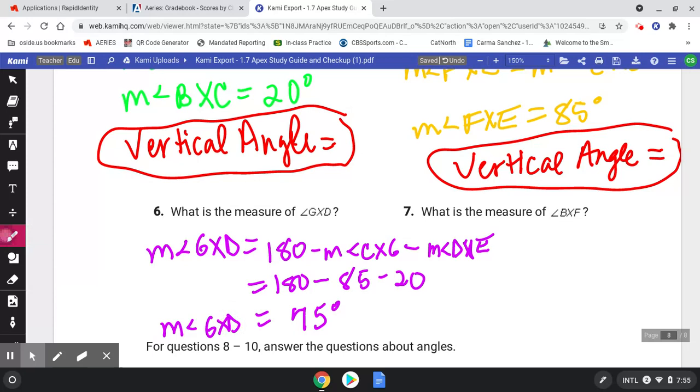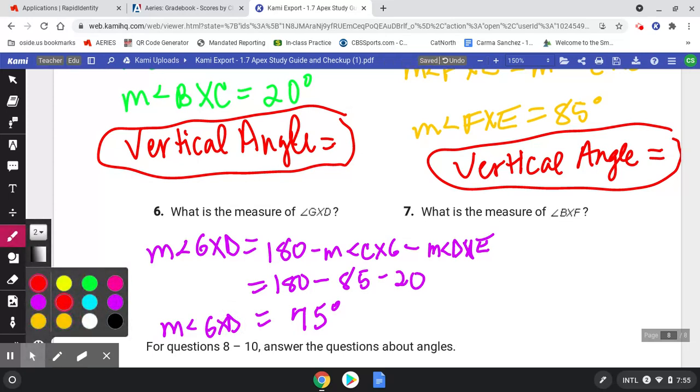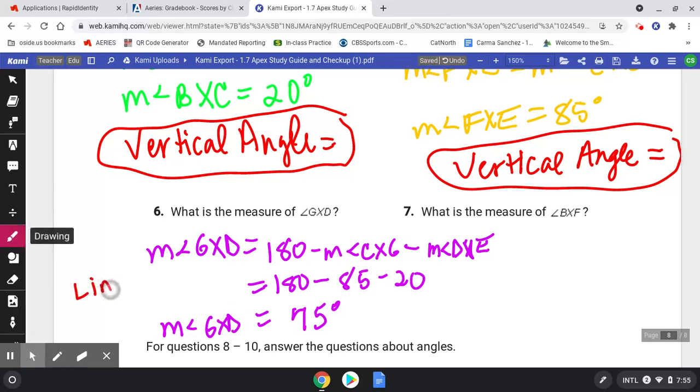And our reason that we can put for that one is linear pair. They form 180 degrees on that line. Now, some of you may argue, but that's not a pair, Miss Sanchez. That's more than one. So technically, you are true that these are supplementary angles, but we can say that those add up to the 180 on the line, just like we've been doing.